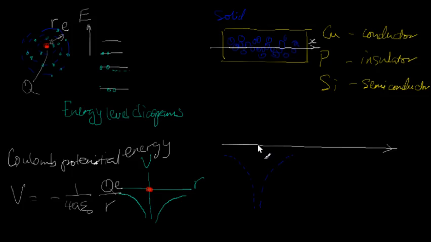So if there's an atom here, its nucleus would contribute such a potential curve, like this. I should perhaps have a vertical axis. So let's say that's my V, that's my vertical axis, and that's X.